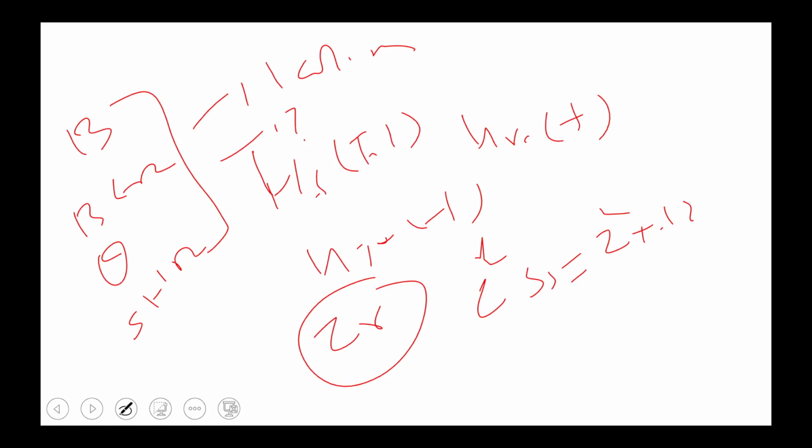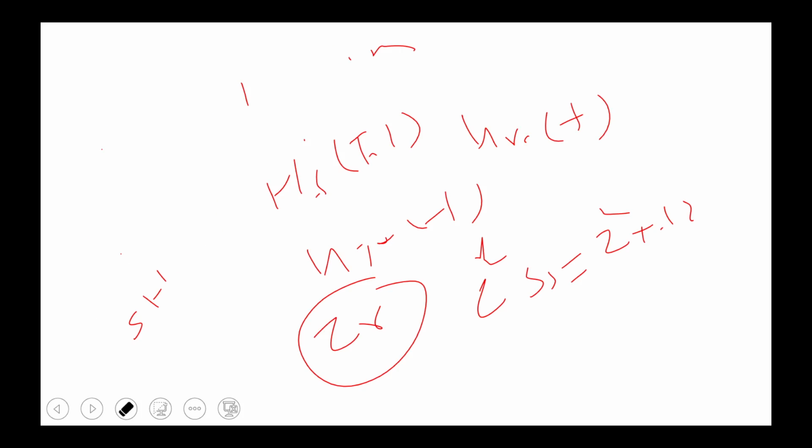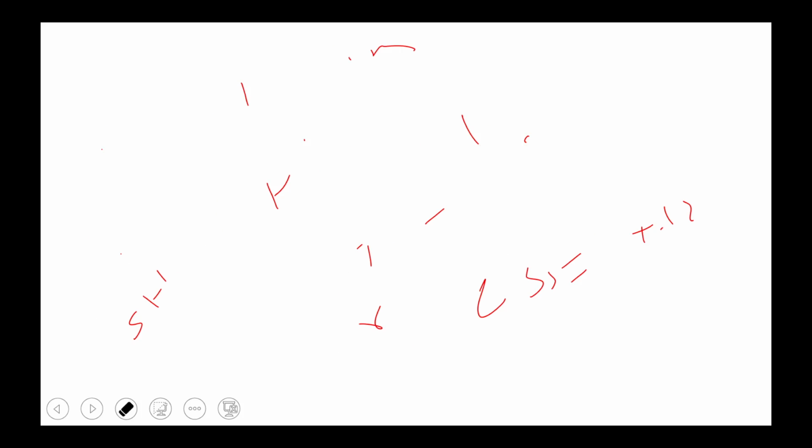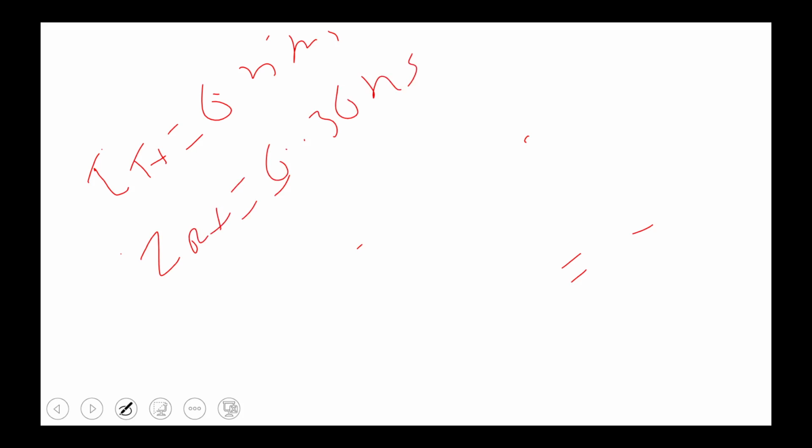Suppose I have given one question to you, a case study. The rise time of the transmitter and receiver should be as follows. The rise time of the transmitter should be 0.5 nanosecond, and the rise time of the receiver should be 0.35 nanosecond.